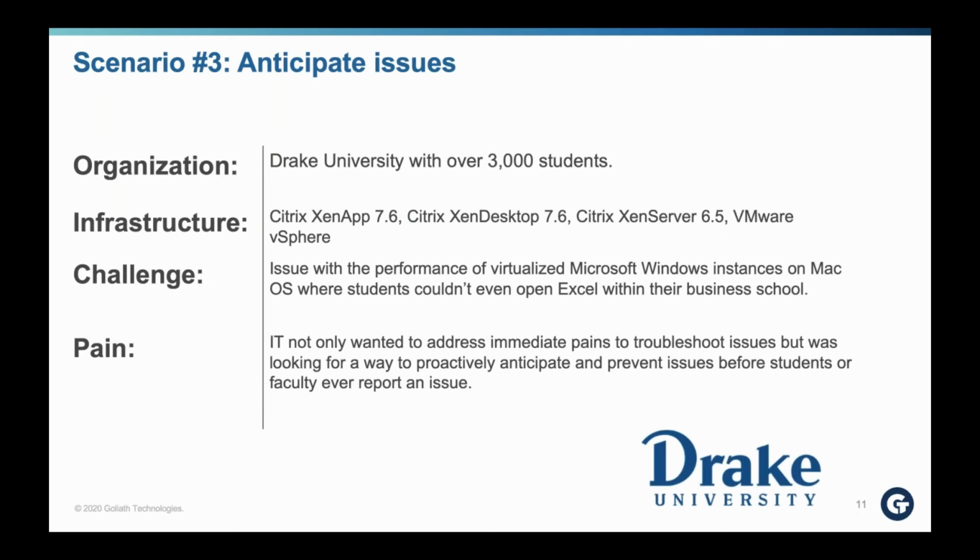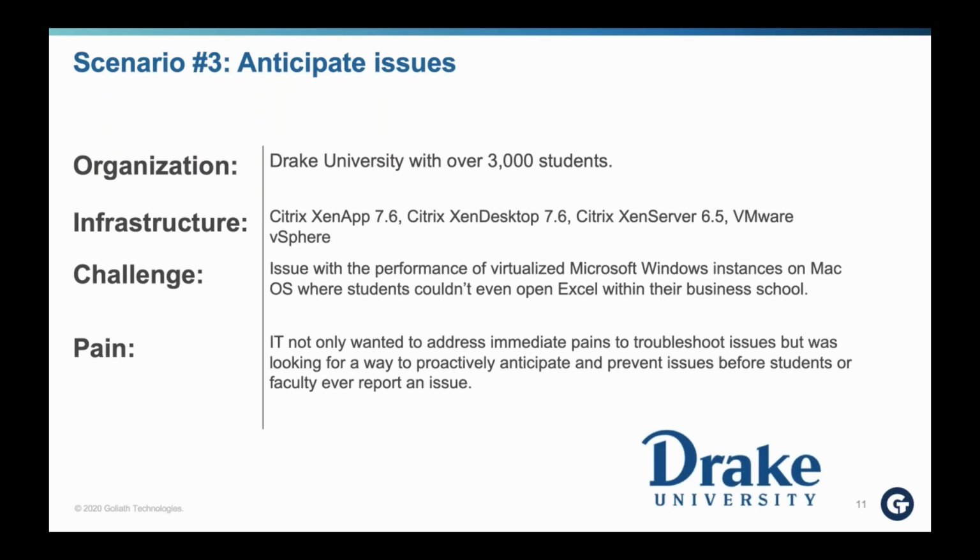In their case, they were having issues with users accessing a couple of applications, specifically Excel. They thought it was users accessing Citrix via their Mac OS devices, again in a bring your own device type environment.